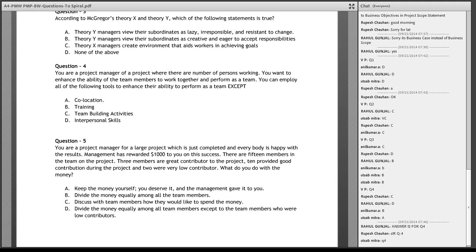Will interpersonal skills help people work together? What do you mean by interpersonal skills? Interpersonal skills means the skills of a person to work with other people. So your capability of working with other people, if that is good, definitely the group will work together better, right? Team building activity, I think the name says itself that it is a team building activity.